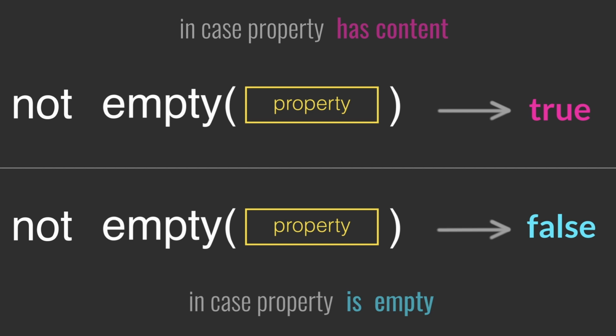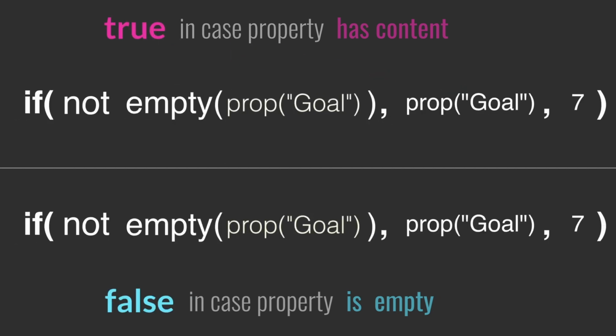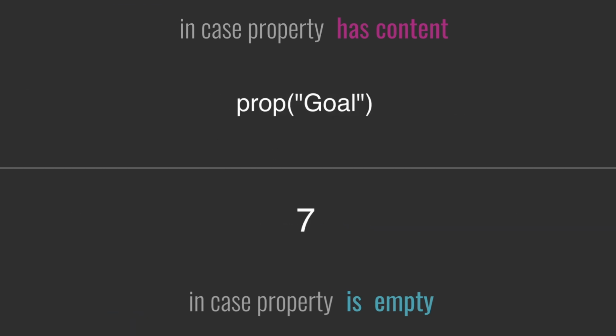True for the case when the property has some content and false if not. You can think of this as the question, is this property not empty? Or does this property have content? In the context of our if statement, the answer to this question leads us to either yes block or no block. Notion eventually replaces the whole if statement with the value of goal property, or 7, depending on the answer.